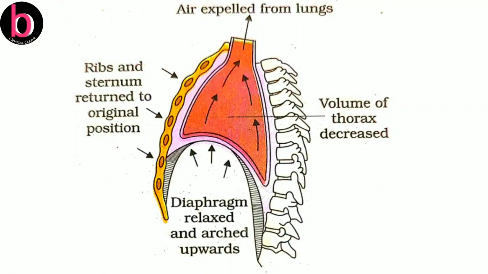Now if there is forceful expiration, there will be contraction in the abdominal muscles and internal intercostal muscles. The first time, when we discussed inspiration, the contraction was downward, towards the posterior or abdominal side.